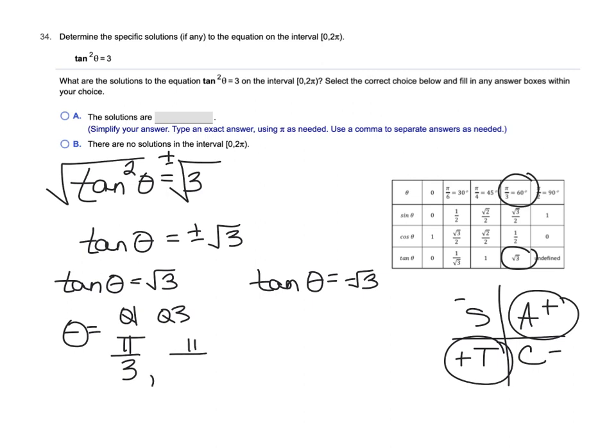Quadrant 3, we're still going to use my reference angle pi over 3, but for quadrant 3, that would be 4 pi over 3. Right, so that solves the first one. And then for the second one, this is kind of the same thing, except this time, where's the tangent negative? So that would be the other two quadrants, right? So we have a quadrant 2 and a quadrant 4.